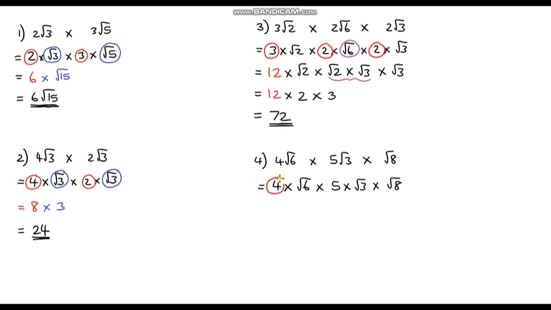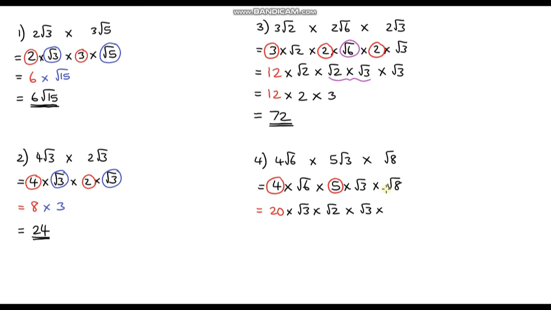So we have 4 times 5. Well, that gives us 20. So we're going to have 20. And then let's break down the root 6. Root 6, well, that is the same as root 3 times root 2. And then we're multiplying by another root 3. And then we're multiplying by root 8.